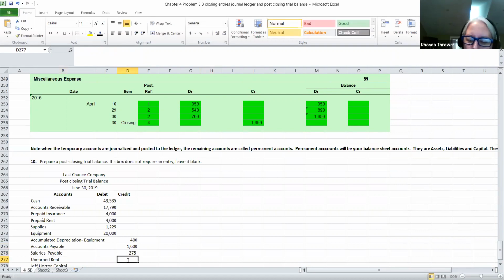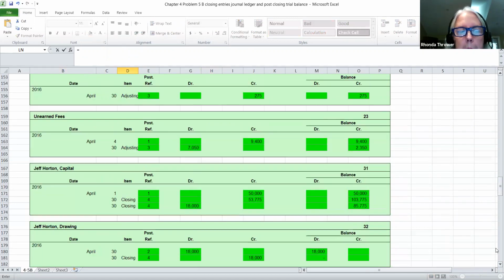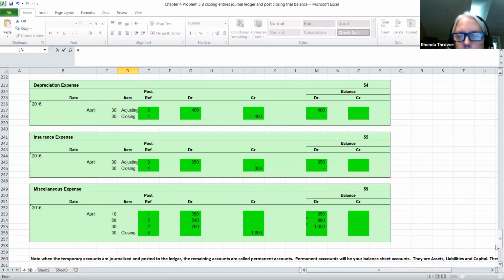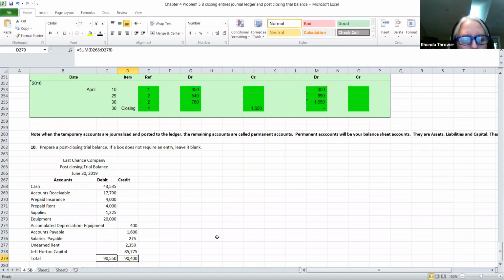And then my unearned rent. It's a liability, and my capital account balance, my owner's equity account capital balance is a credit balance.